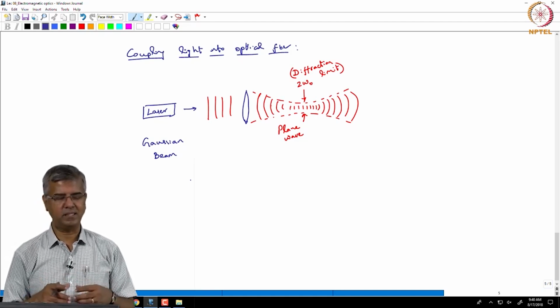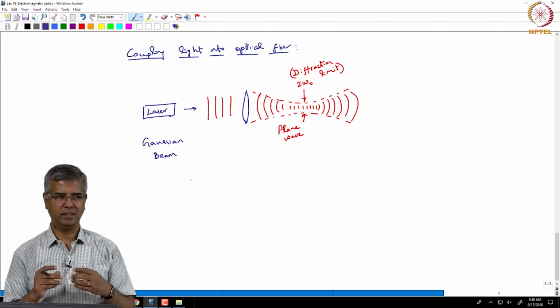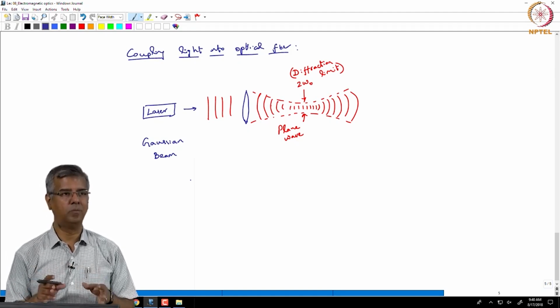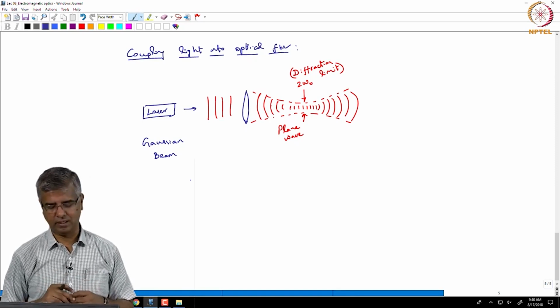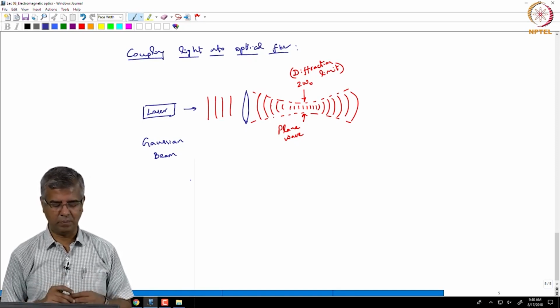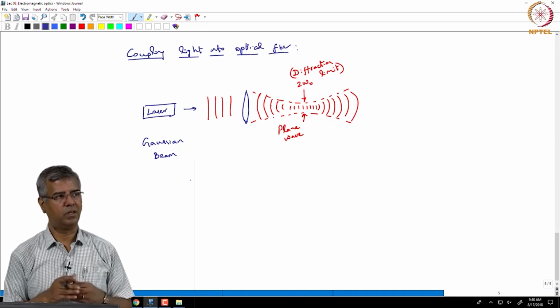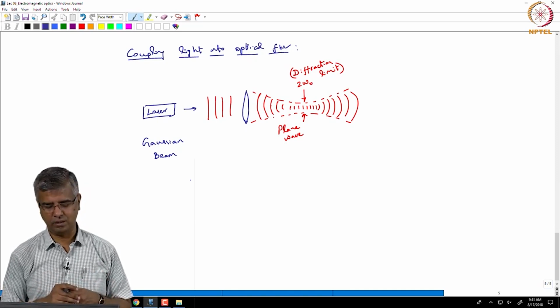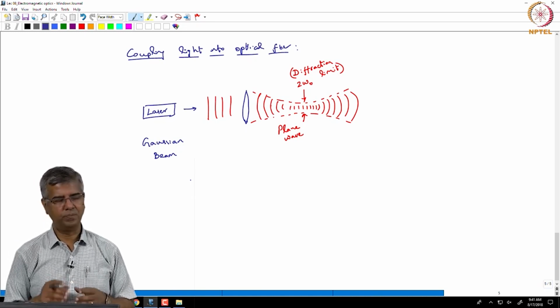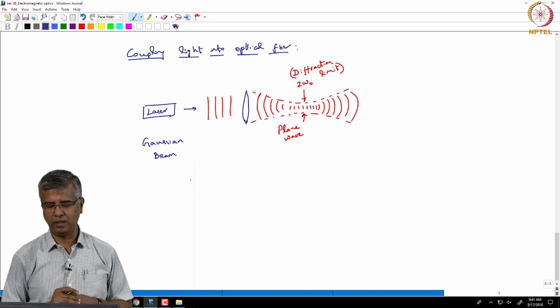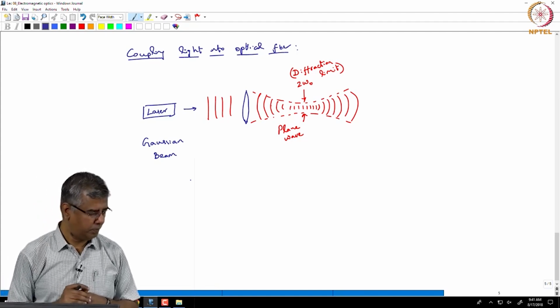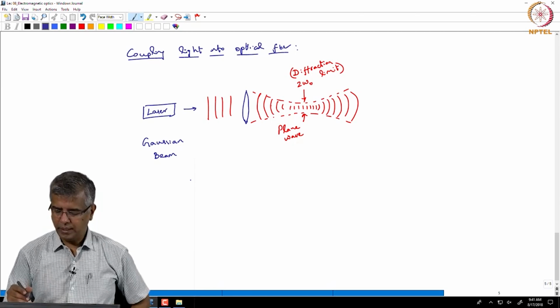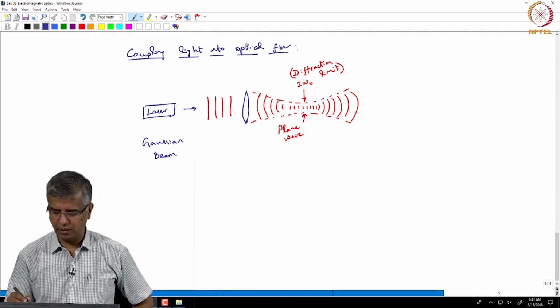Whereas if you have a laser which is emitting its fundamental mode, which happens to be a Gaussian beam, a fundamental solution of the laser cavity, then you can couple a lot of light into this optical fiber. Okay. So we can define a few things over here.